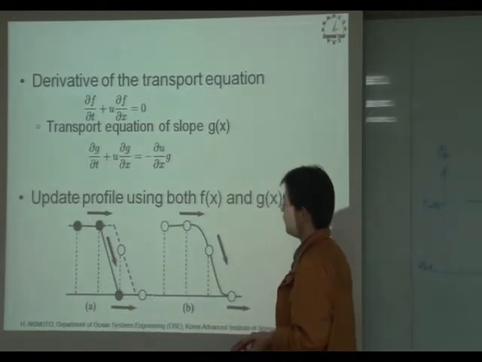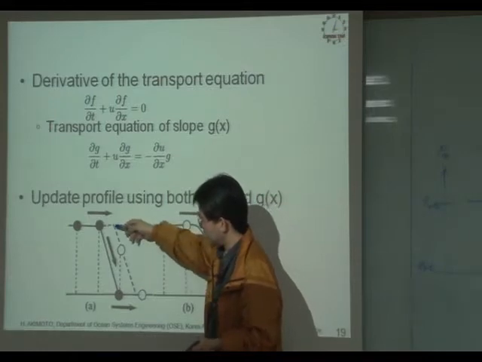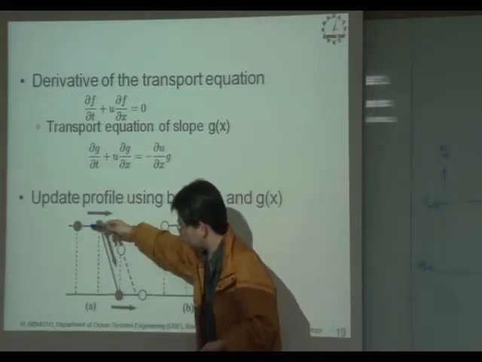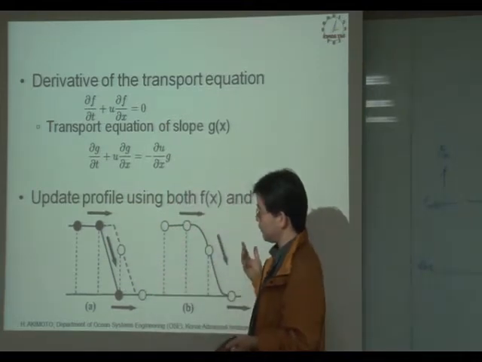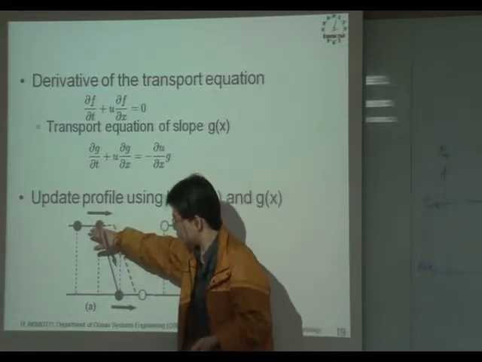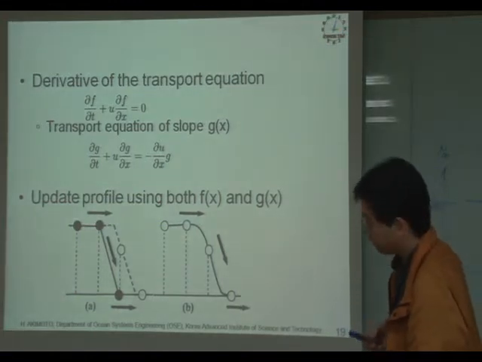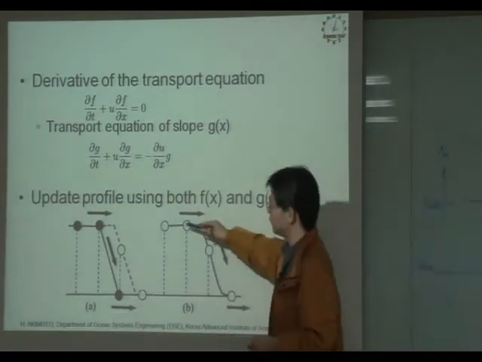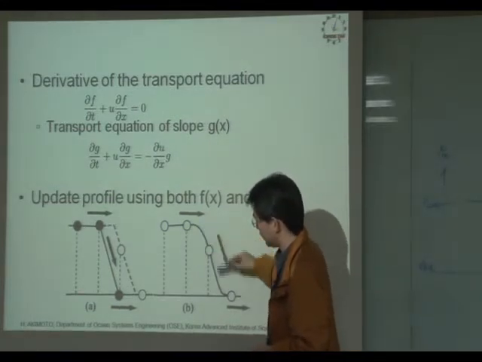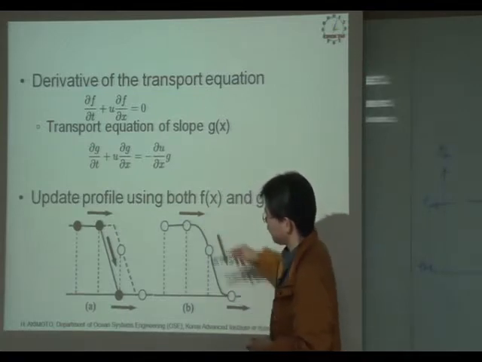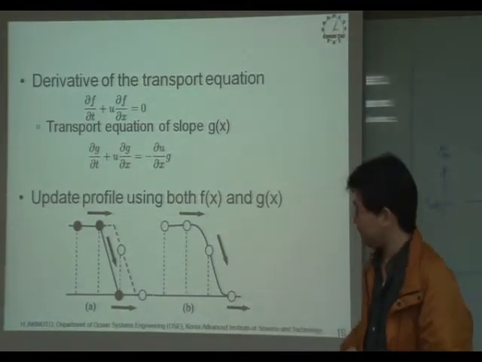So the treatment is like this: the last profile is propagated with the value distribution and also the distribution of slope. Then it will reconstruct the profile based on some interpolation. It might be a cubic function or other higher order spline method.